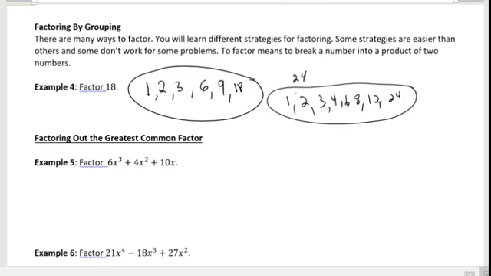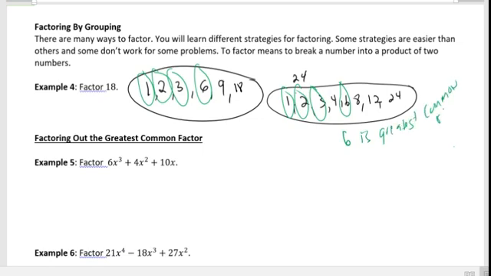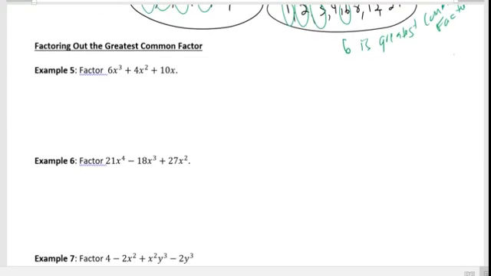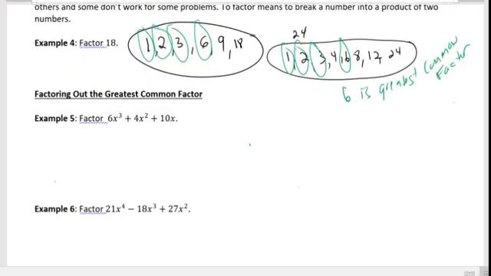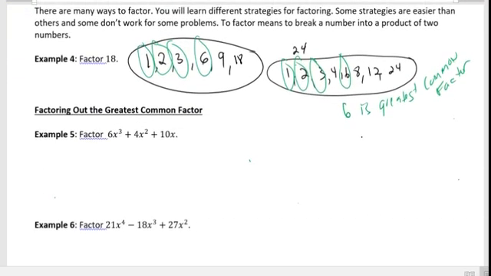So the ones that are common to both are 1, 2, 3, and 6. But here, 6 is the greatest common factor. Okay, so that's what we're going to be interested in. Besides the numbers, we also have to worry about variables. For x squared, we get x times x.